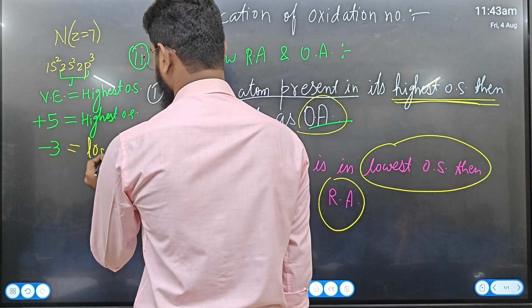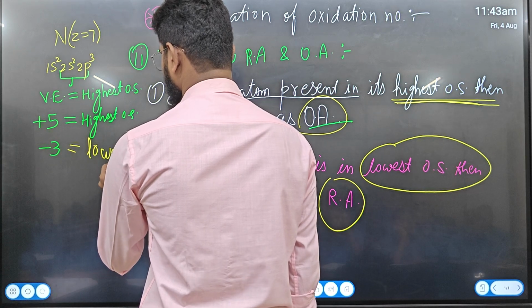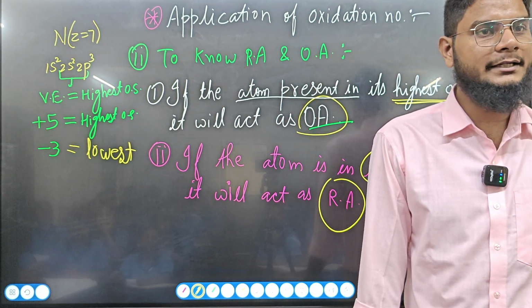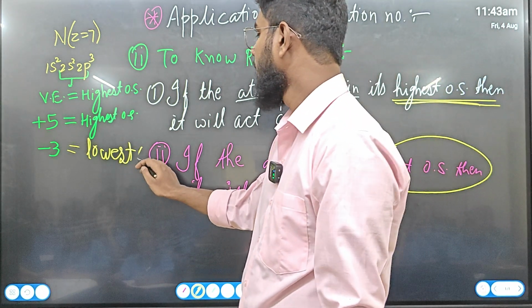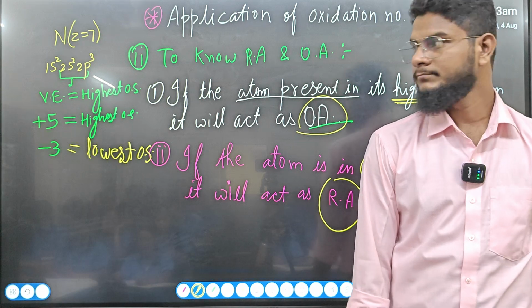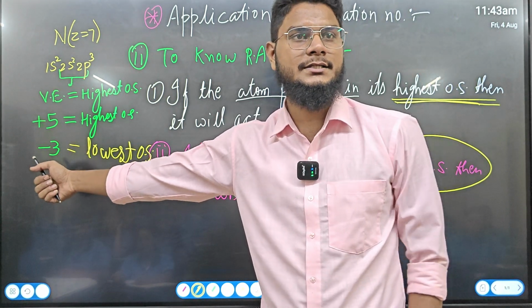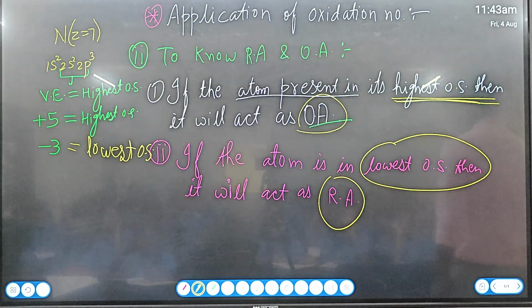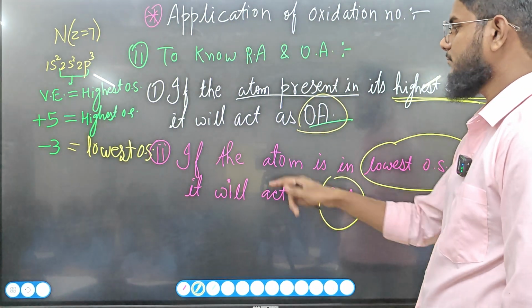Okay, clear? Now you can easily find the lowest and highest oxidation state. So in lowest oxidation state, nitrogen will act as reducing agent, right? Clear? Write down this.